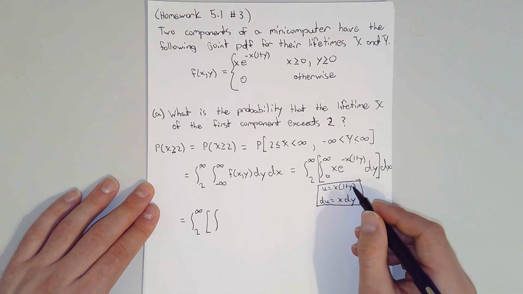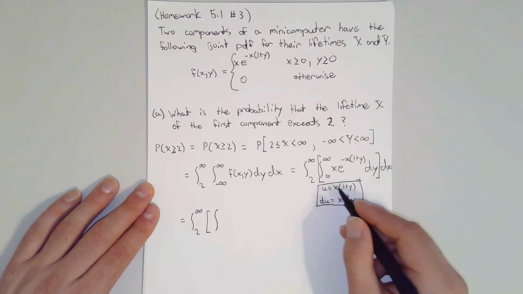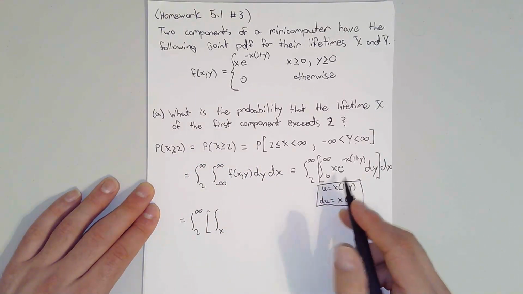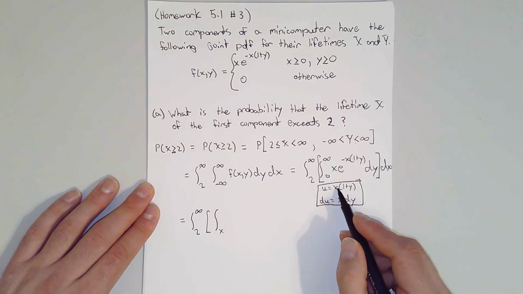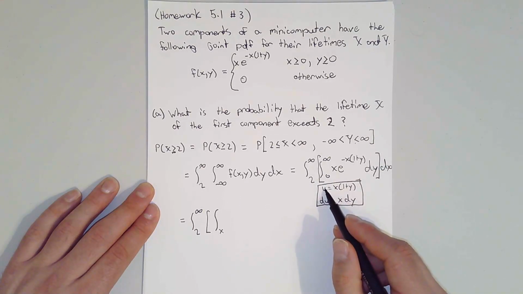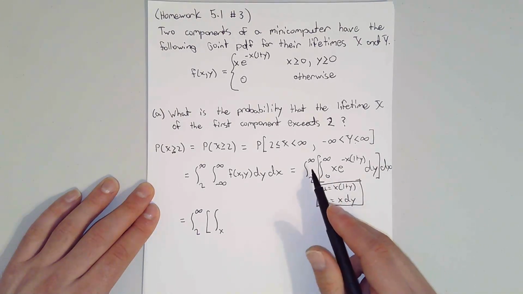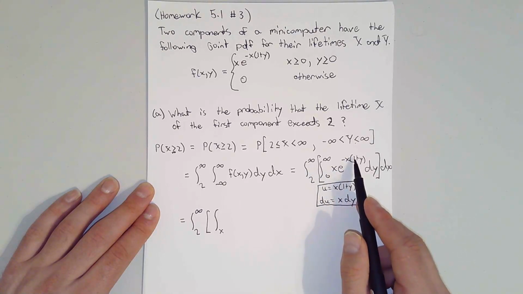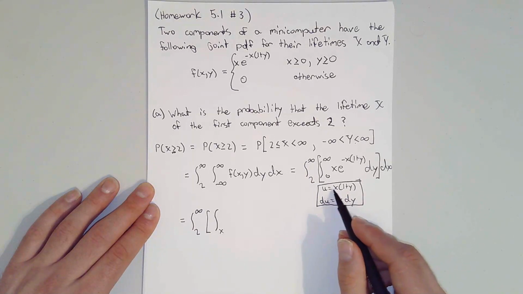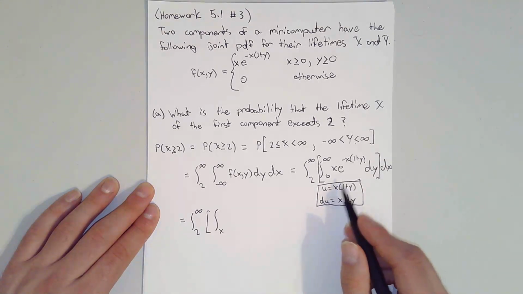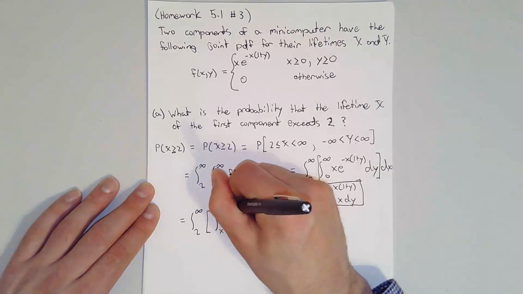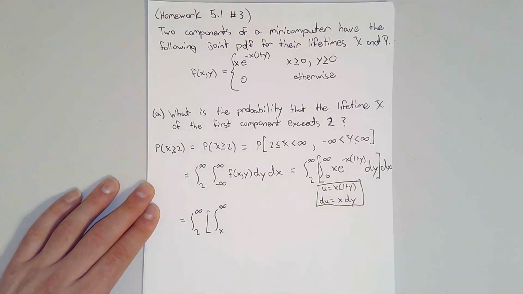Well, we substitute 0 in for y, and we see that u is equal to x. So our bottom bound is x, and our upper bound, as we let y go to infinity, u also goes to infinity, because remember, our x values are corresponding to the interval from 2 to infinity. So therefore, x is positive, and therefore u goes to infinity as y goes to infinity, looking like the following.